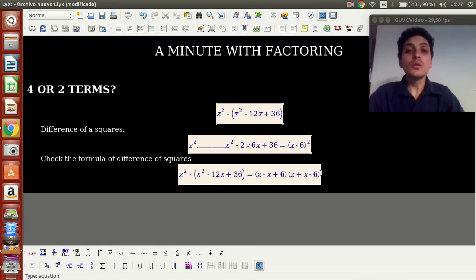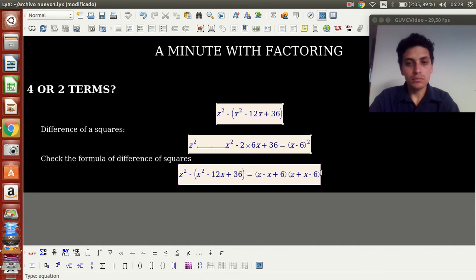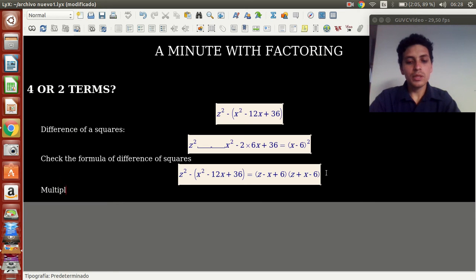Remember that to know if you did the factoring appropriately, you have to multiply out to check.